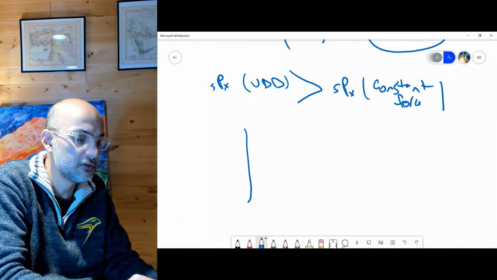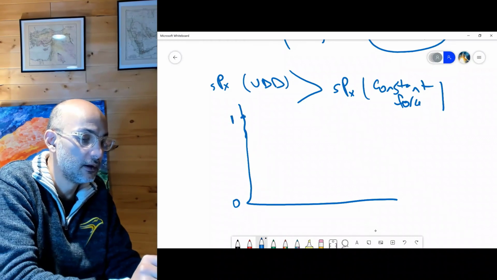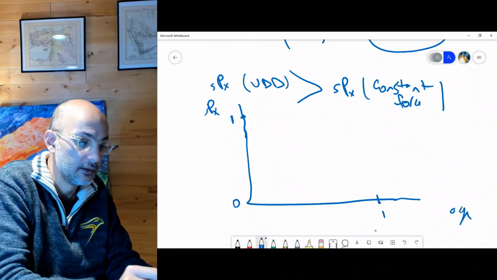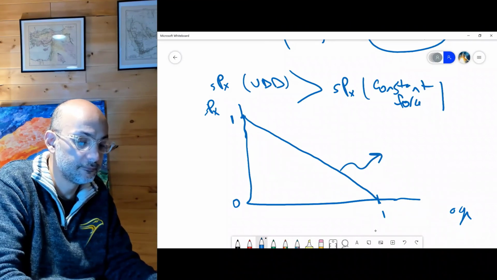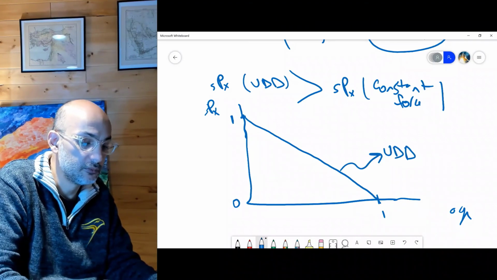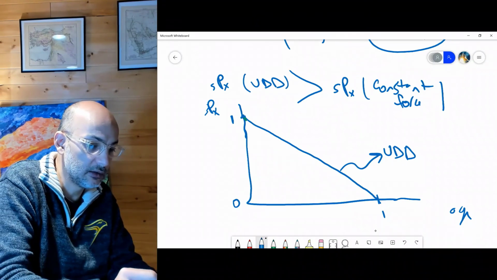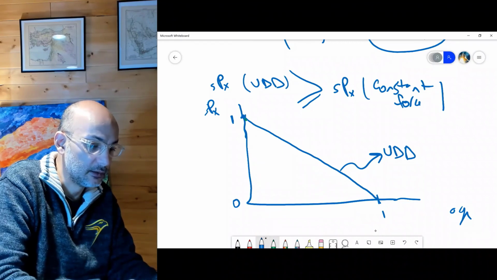And simply because we already drew this one, but we'll draw it between 0 and 1, right? This is s px, and this is age, right? 0 and 1. So if you're using UDD, uniform distribution of death, actually I should say greater or equal, because it can be equal at the beginning and at the end, this one will be like this.